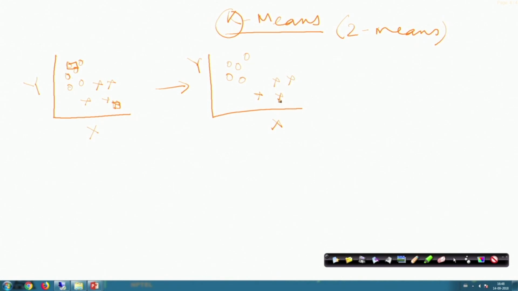Okay. So, essentially what has happened is that 2 clusters are formed based on their proximity to the centroid. So, 2 different clusters will be formed.